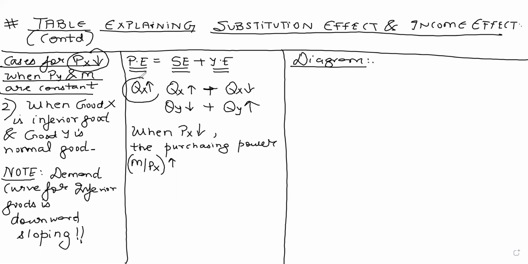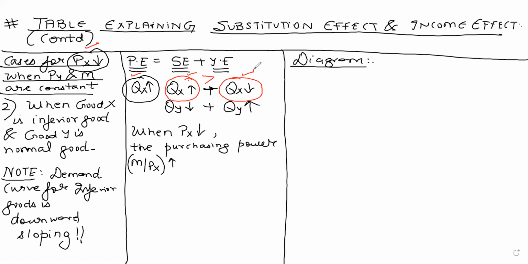And when will Qx rise? Qx will rise when my substitution effect dominates the income effect. You need to understand it, guys. We know the end result: when Px falls, in net terms, my Qx should rise. Now, Qx is rising by substitution effect, but falling by income effect.